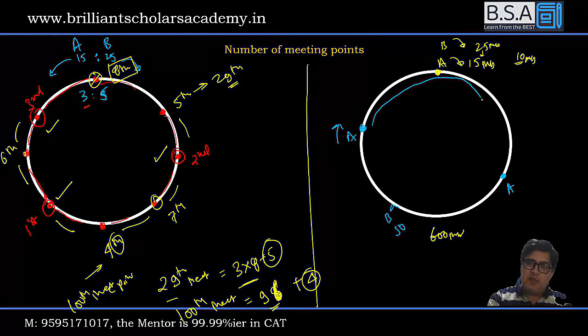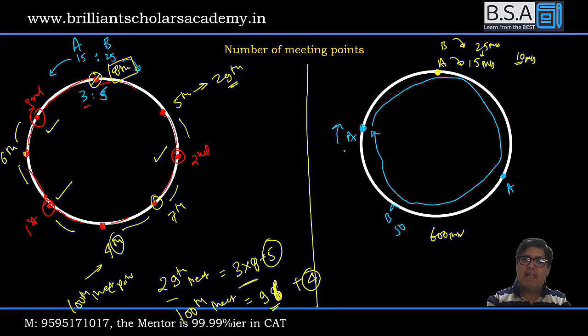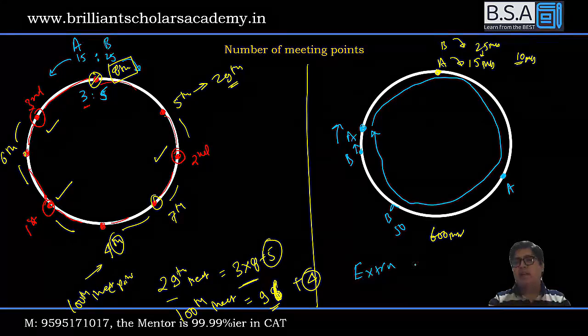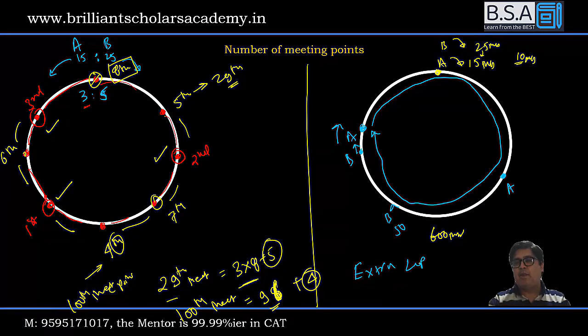B has moved forward so much that B is about to overtake A. So can I say, if B wants to overtake A, B has to travel an extra lap or extra round.